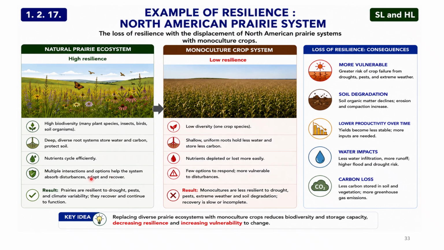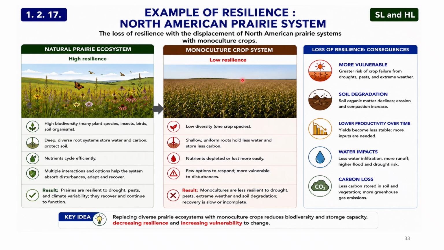These features enable the prairie to withstand disturbances such as drought, pest outbreaks, and climate variability while continuing to function. When these diverse grasslands are replaced by monoculture crop systems, resilience declines significantly.